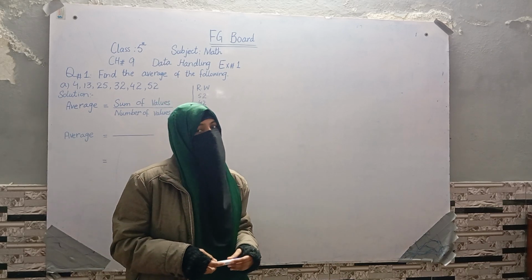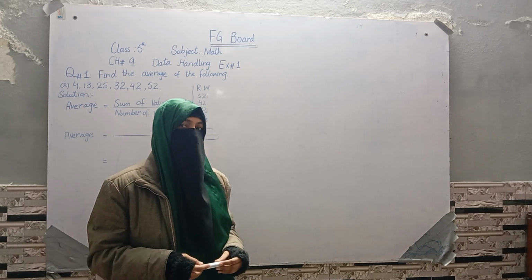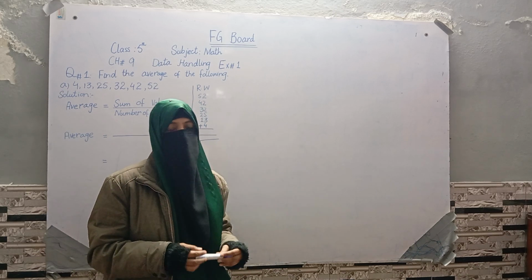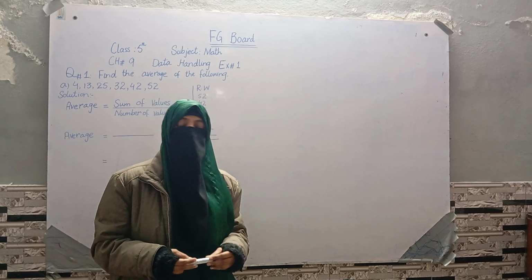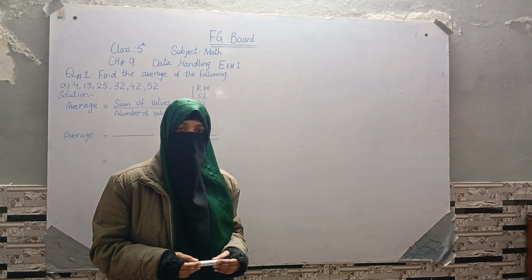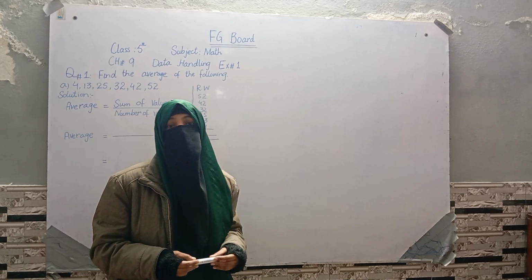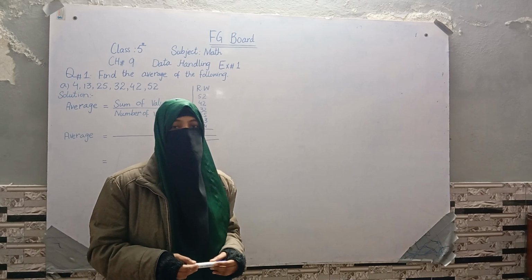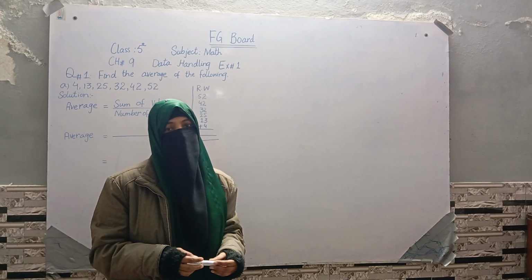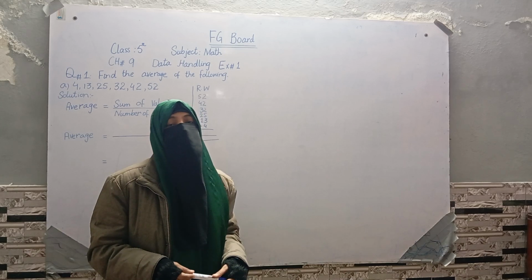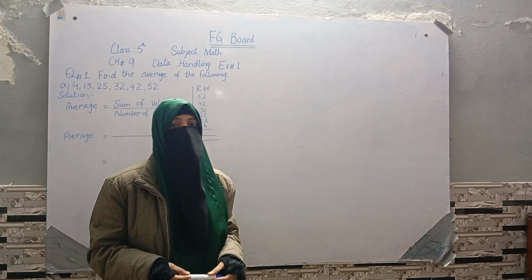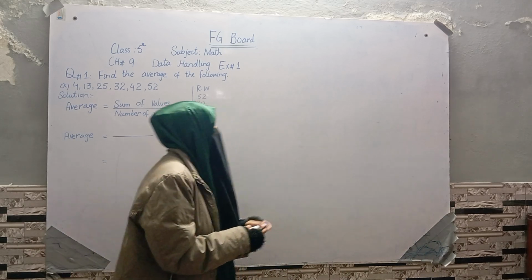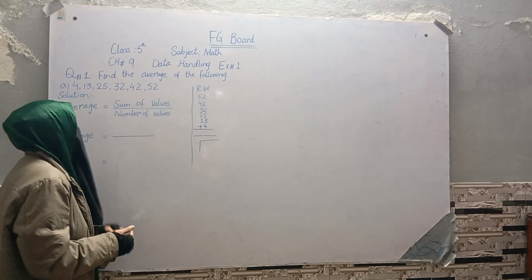So if I add all of these, I write chair plus table plus book plus dice. I take the four things, so I divide it by 4 and I add all the things. After the division, the answer which comes is the average. So this is also what we are doing here.